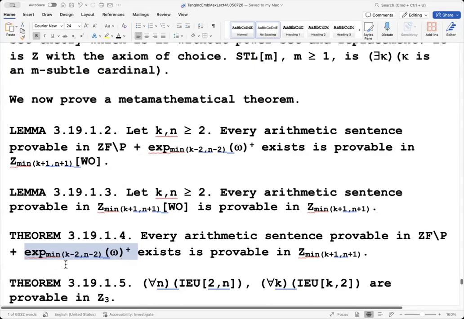So it turns out that a min of k minus 2, n minus 2 iterated exponential corresponds to the system min of k plus 1, n plus 1. In other words, there's a jump of 3. So that tells you why it's Z3 when k equals 2, or when n equals 2.